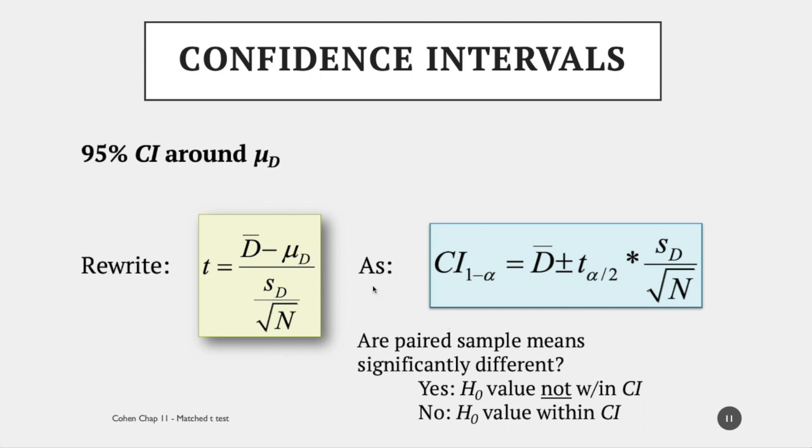And then using this for the hypothesis test, it would say, is our paired sample mean significantly different, and it would be yes when the null value is not within the CI. In other words, 0 is not within the range that the CI gives us. The answer would be no if it actually is. So if we have 0 within this confidence interval, that means they're not significantly different. If 0 is not in there, then they are significantly different.